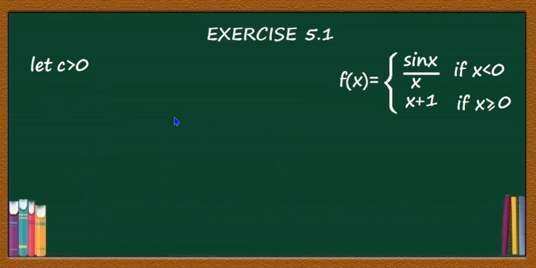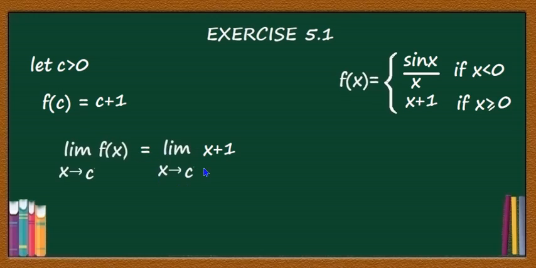And let us take the second case, that is c is greater than 0. When c is greater than 0, what is f of c? F of c is equal to c plus 1, because f of x is equal to x plus 1 when x is greater than or equal to 0. And limit x tending to c of f of x is equal to limit x tending to c of x plus 1, because when c is greater than 0 it is x plus 1, and which is equal to c plus 1.